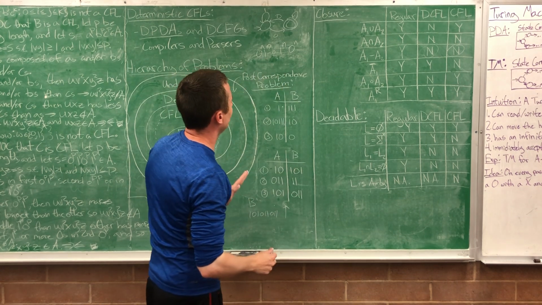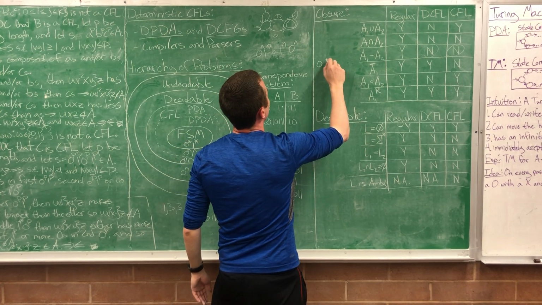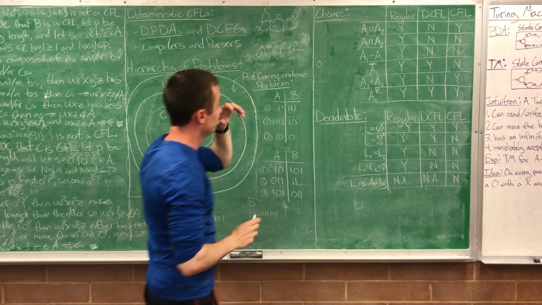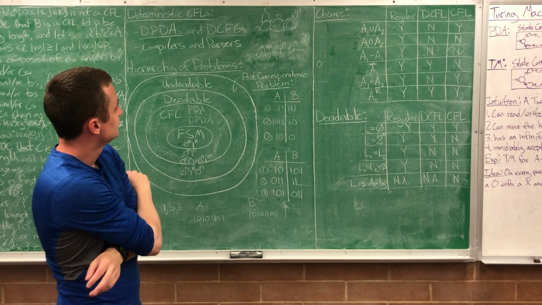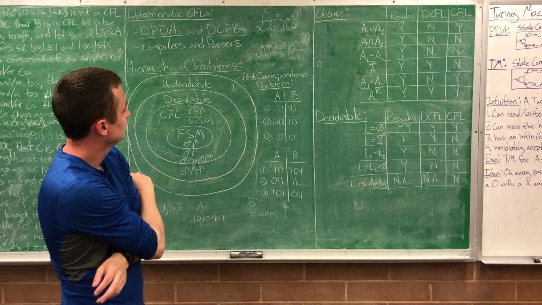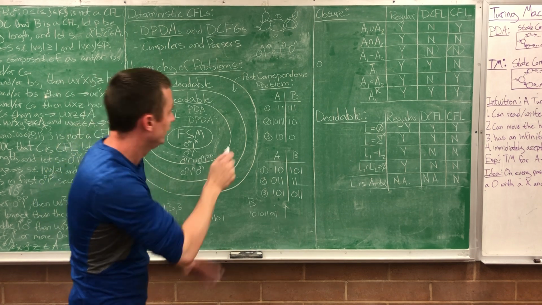So maybe I generate a string like 0. How can I make it slip by? Here we go.